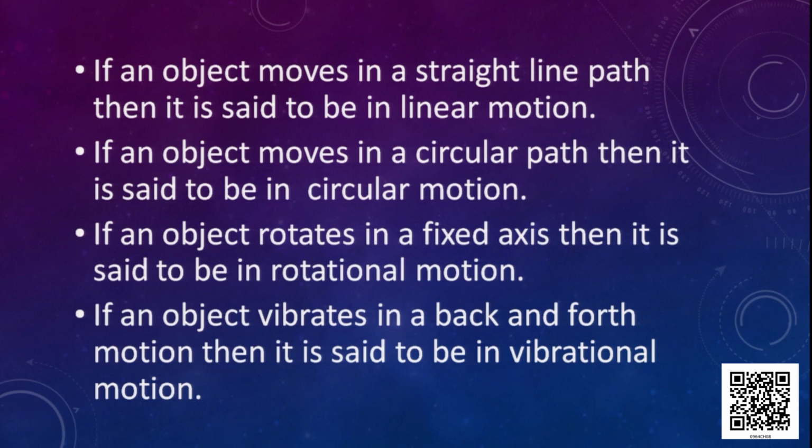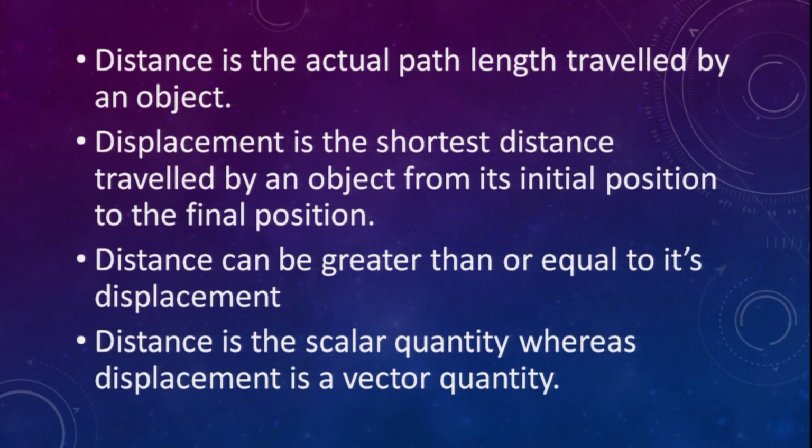If an object moves in a straight line path, then it is said to be in linear motion. If an object moves in a circular path, then it is said to be in circular motion. If an object rotates about a fixed axis, then it is said to be in rotational motion. If an object vibrates back and forth, then it is said to be in vibrational motion.